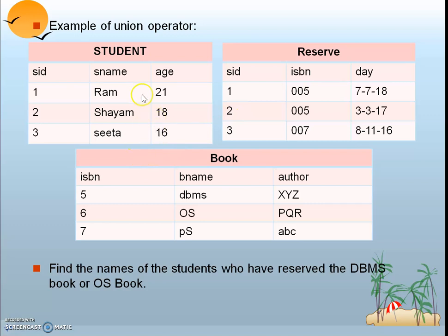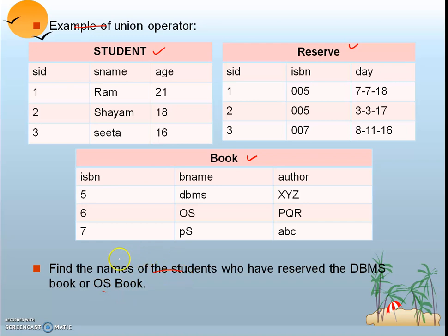Now observe here. I have the tables student, reserve and book. Do not bother about the sentences given above, just bother about these three tables: student, reserve and book. Now check, is there any link existing between student and reserve? How can I check it? Before that, read the query: find the names of the students who have reserved a DBMS book or an OS book.